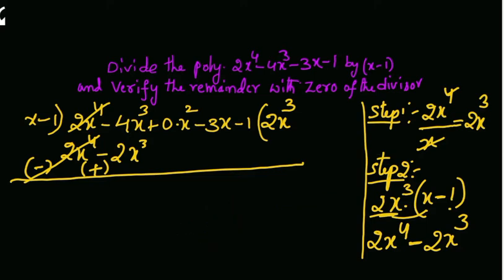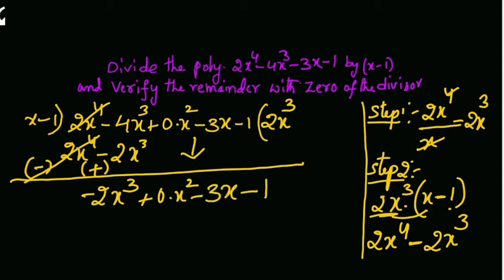And after that, the remaining terms you have to drop as they are, that is plus 0 into x square minus 3x minus 1. Okay, now we have to follow the same rule for this new dividend.